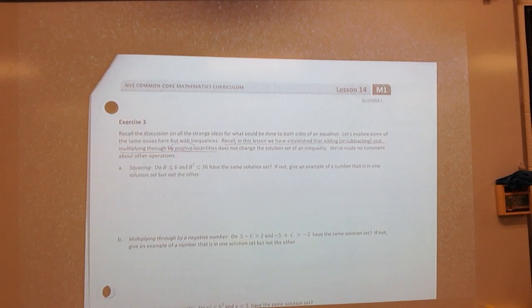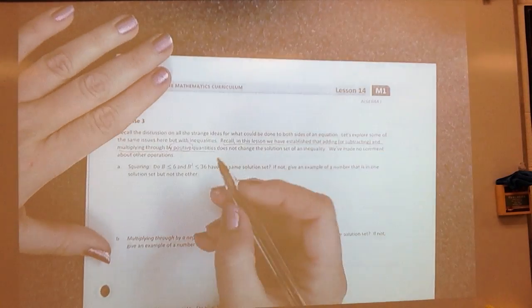So in the first inequality, B can equal 6 or any other number smaller.